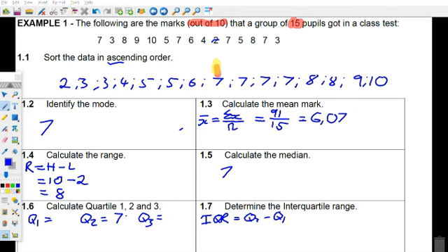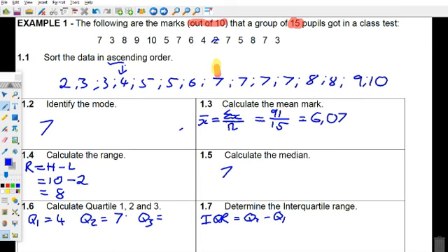Because we've already said that the first 7 there is our median, we mustn't include it when trying to find our Q1 and Q3. So on the left-hand side of that 7, how many numbers are there? 7. So the middle number is going to be number 4. So my Q1 is 4, not 4.5 like you were working out.